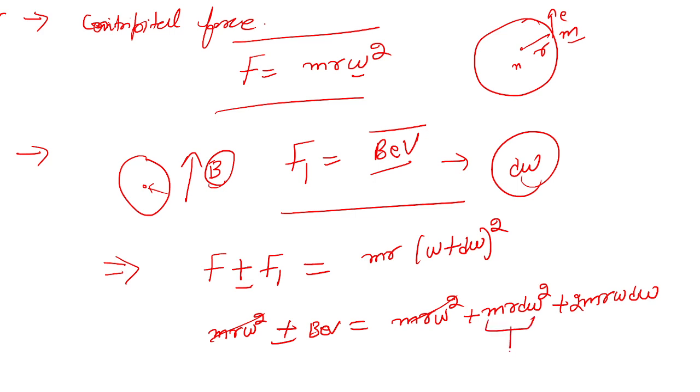Why? Because it has d omega square, and d omega is a very small quantity, very small in magnitude, so we will neglect this. The remaining part is plus or minus BeV is equal to 2 m r omega d omega.